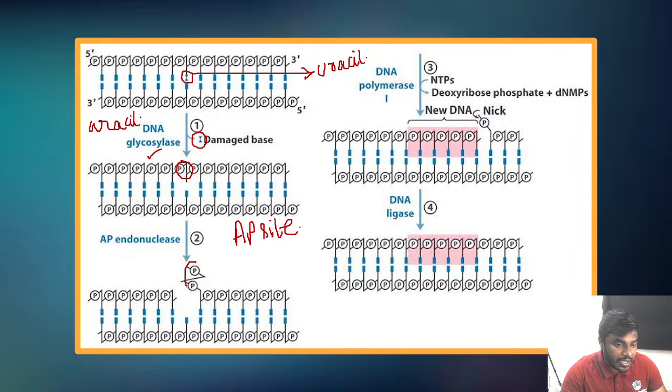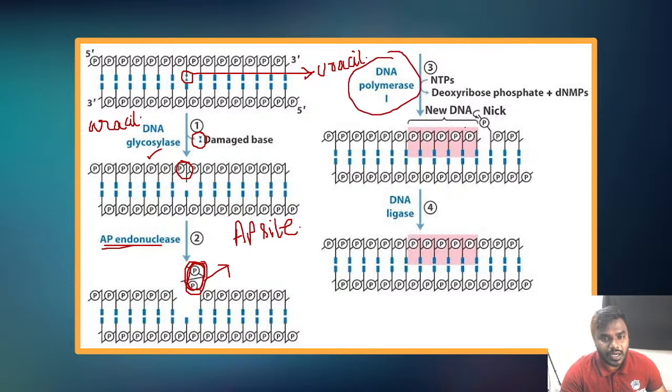So friends, this site can be cleaved by what? AP endonuclease. The AP endonuclease enzyme will come and cut the phosphodiester bond. Now everything can get removed. This entire nucleotide is removed. Now friends, the DNA polymerase enzyme will come and fill this particular gap. Finally, friends, ligase is the enzyme that will seal the nick.